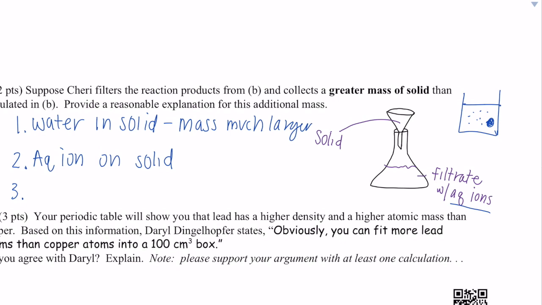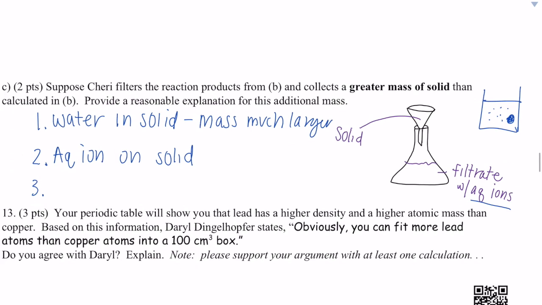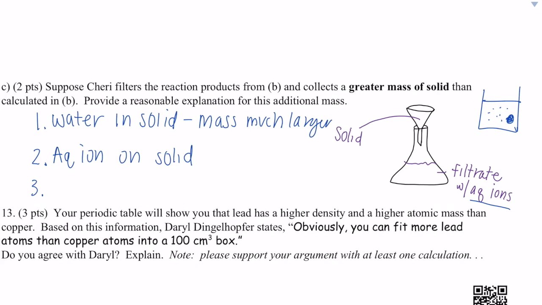And if you don't wash them off and you dry yourself, you'll end up with salt on your skin. Same thing for our solid. It's being bathed in these aqueous salt ions, and if you don't wash them off, they will still be there when you dry the solid, and they will become solid when they are dry, and this will increase the mass.